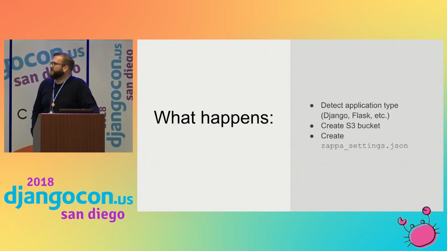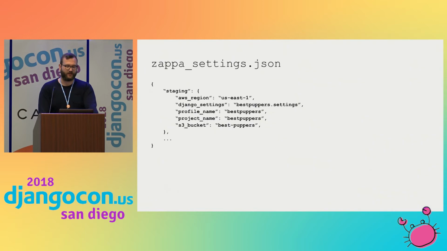And what that's going to do is detect your application type. So it's not actually just Django that is supported. It's really any WSGI application and even some non-WSGI applications, if I remember correctly. And then it will create that S3 bucket so that it can upload artifacts for your application. And then it will create this Zappa settings.json file. And at first that'll look probably something like this.